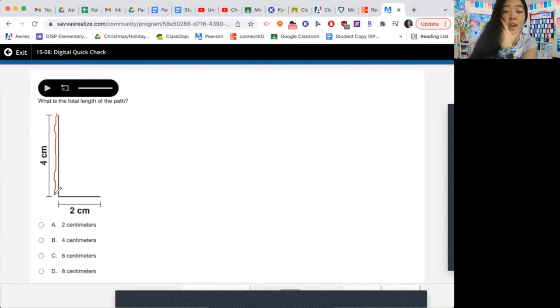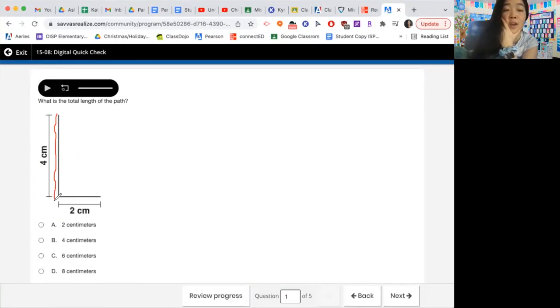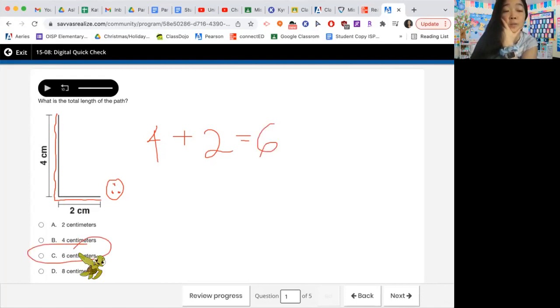So the ant went 4 centimeters this way, and then it had to take a right because it saw some yummy, delicious cookies. So it said, ooh, okay, I'm going to crawl this way now. And then it crawls this way 2 centimeters. How many centimeters did it take for the ant to crawl to the cookie? Very good. 6 centimeters is correct. Moving on.